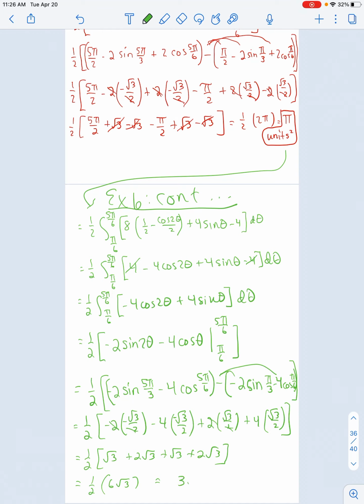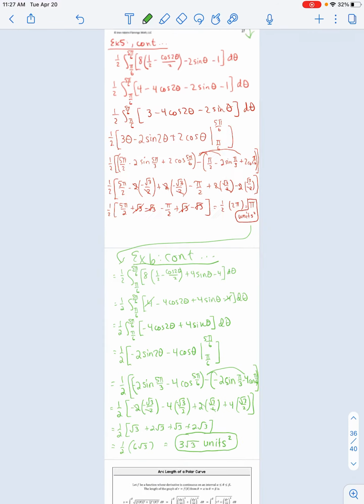So 2, 4, 5, 6 root 3 times 1/2 is 3 root 3, and that would be units squared. And so that is the area inside the circle and outside the dimpled limacon, or whatever it's called.